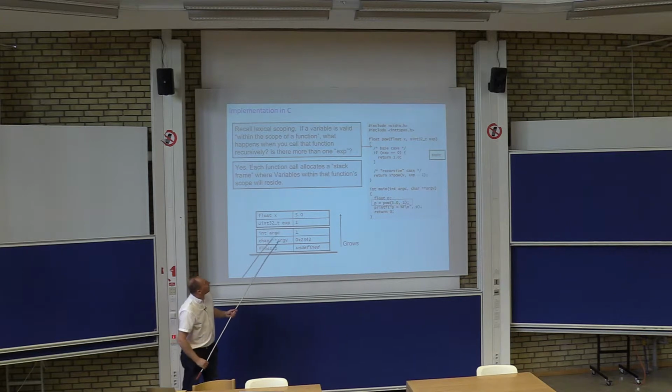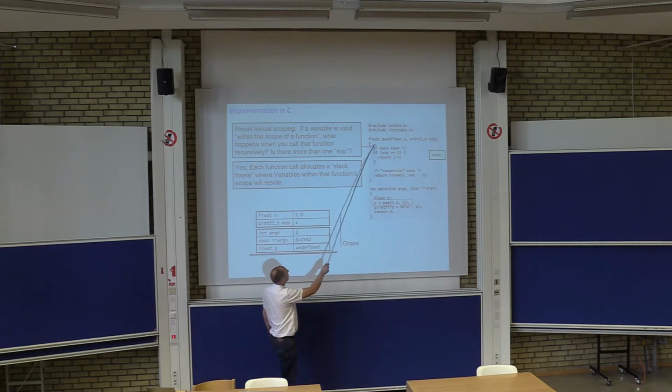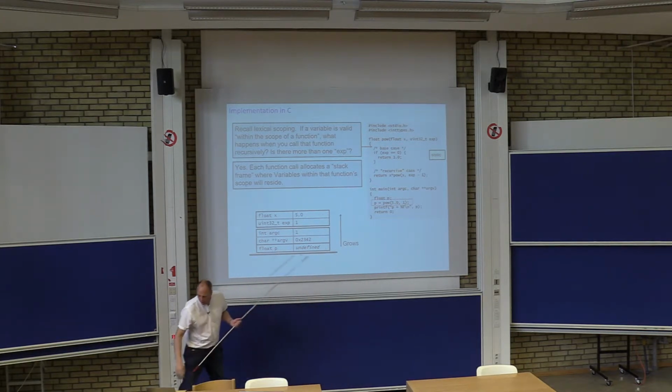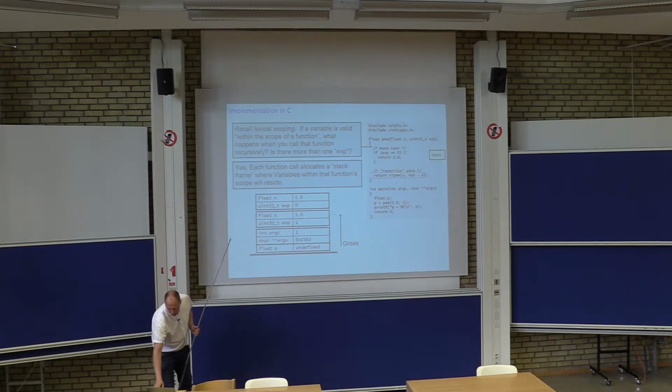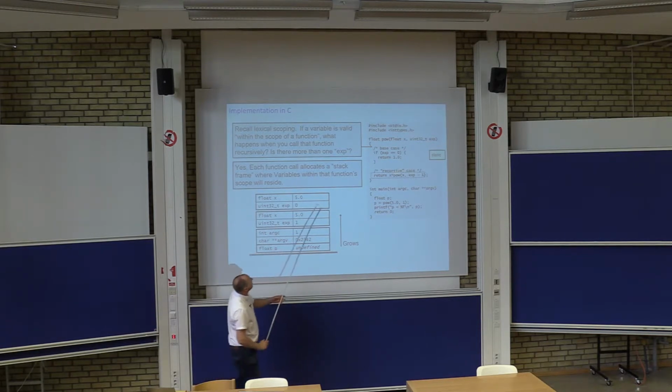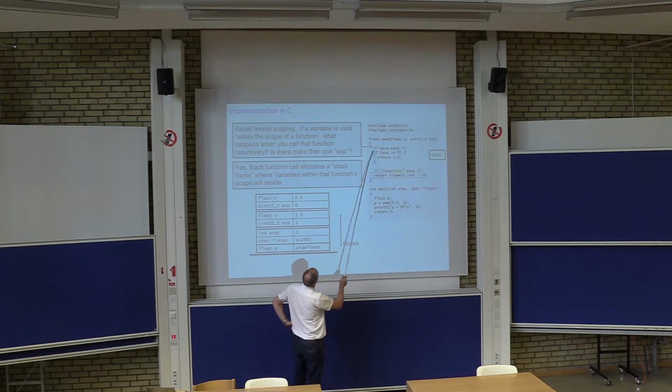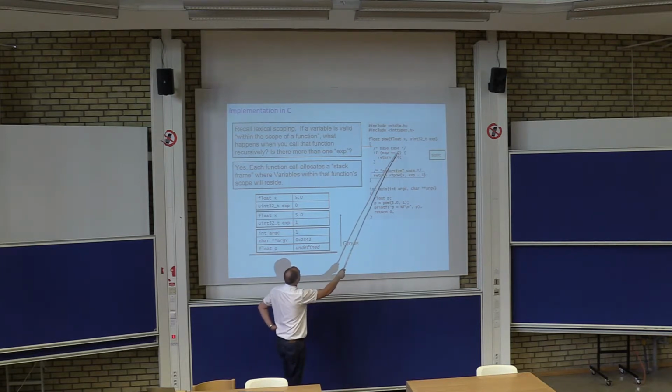And then when this code starts to execute up here, it has two cases. It has the base case that will check if the exponent is equal to 0, then it will return 1.